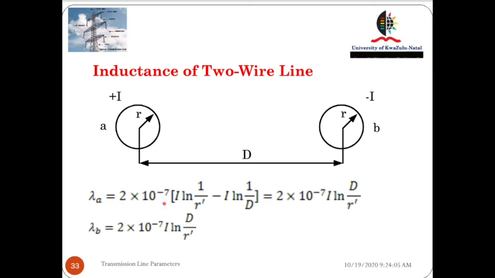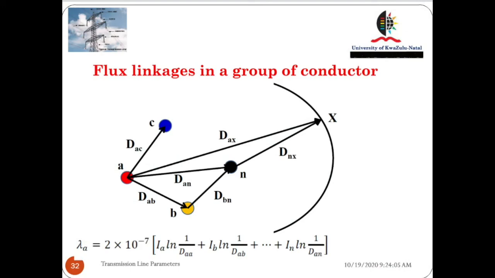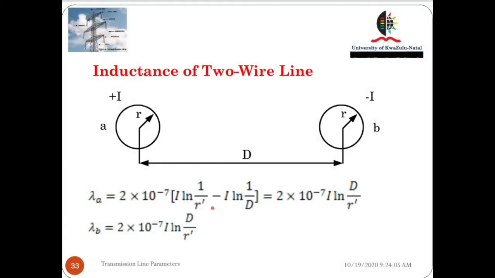So from that previous generalization, we can use this for this two-wire system, and we find that the flux linkage lambda is 2 times 10 to the minus 7 times the current it is carrying, log D by R prime, where D is the distance of that first conductor with respect to the other conductor, and R prime is the self distance.